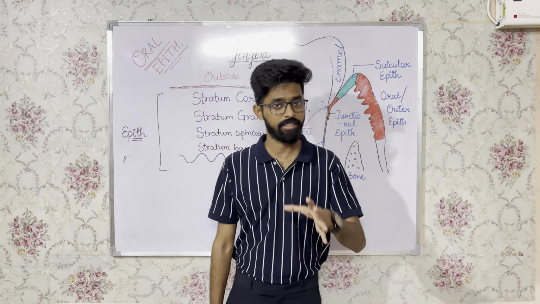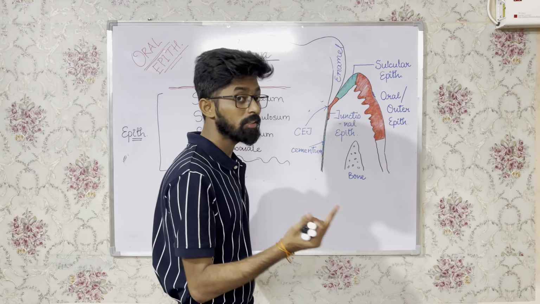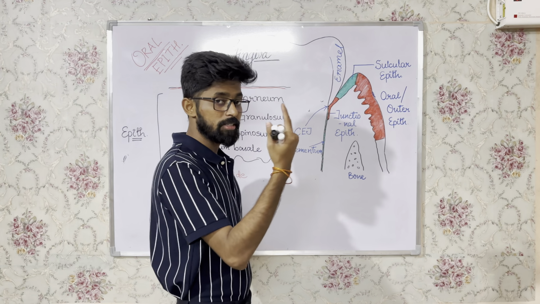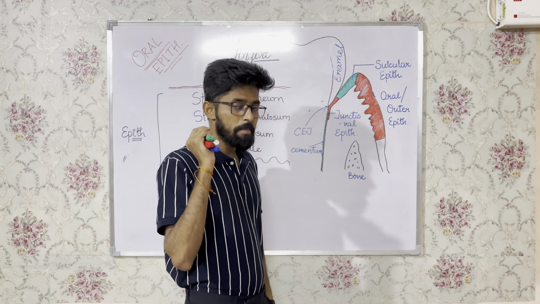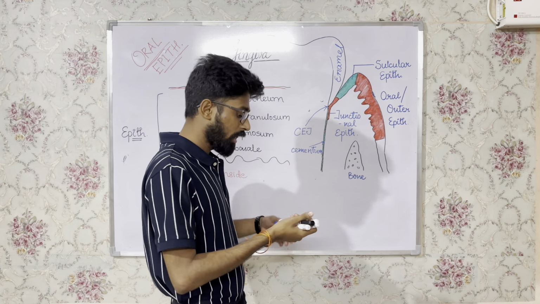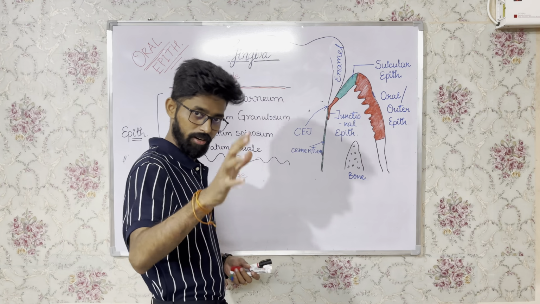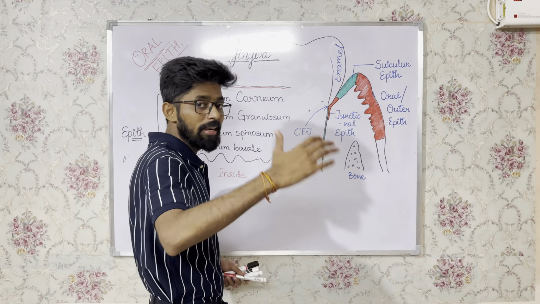This is keratinization, deposition of keratin. Here also this term is coming. We studied that oral epithelium may be keratinized or parakeratinized. So keratinization means deposition of keratin in the uppermost layer. Now coming to the layers.